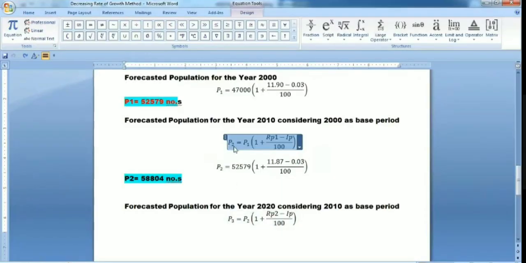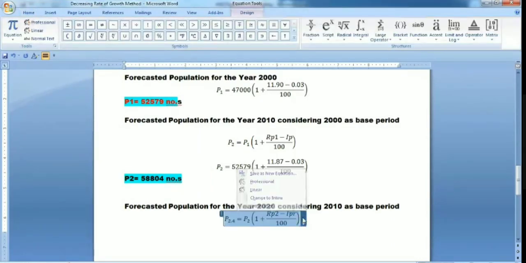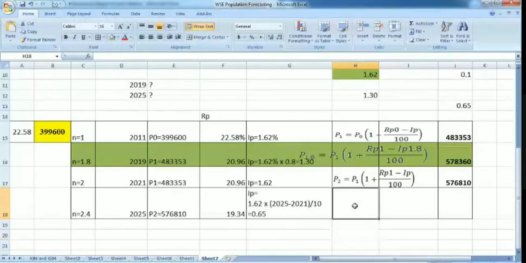That means I will be writing it as IP 2.4.